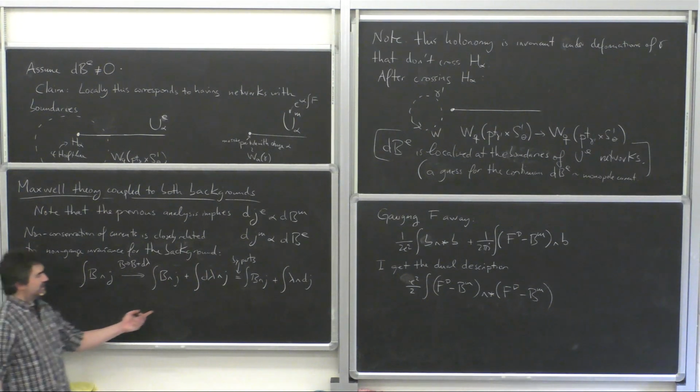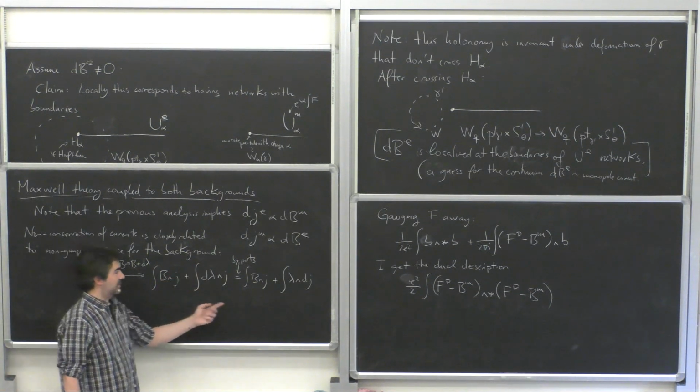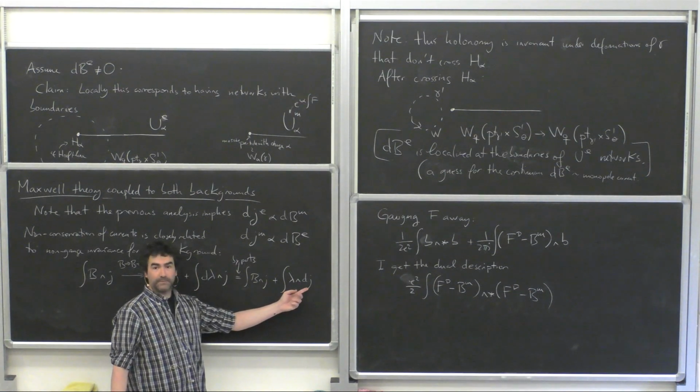So you will get an extra term under the gauge transformation of the background if the corresponding current is not conserved.